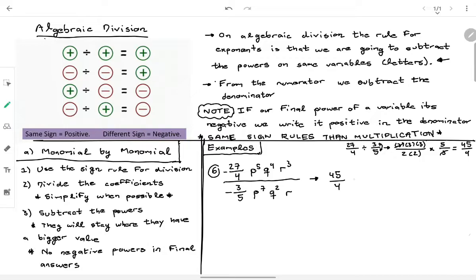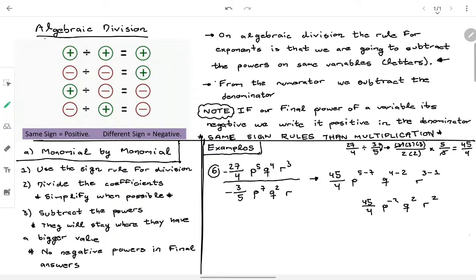Then we are going to do the letter subtraction. So it's going to be 5 minus 7, then 4 minus 2, then 3 minus 1. So the final answer is going to be 45 quarters of p to the minus 2, q to the 2, r to the 2.